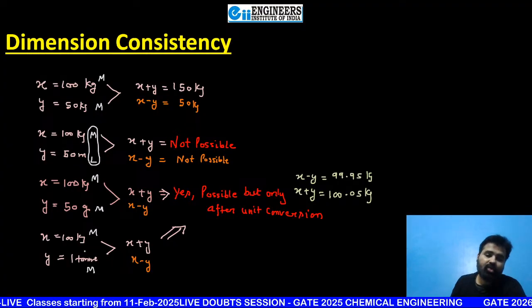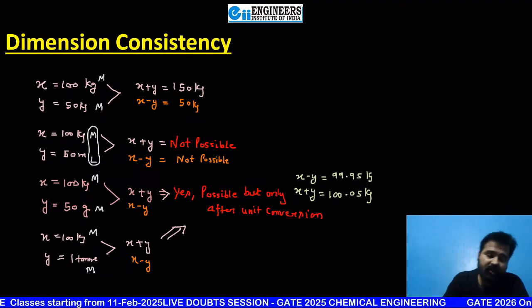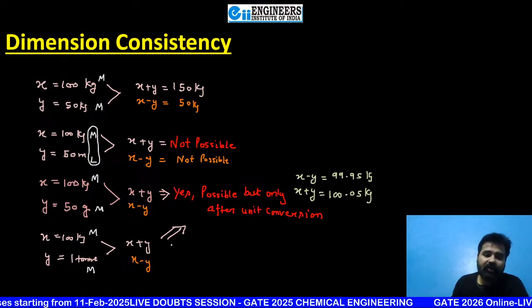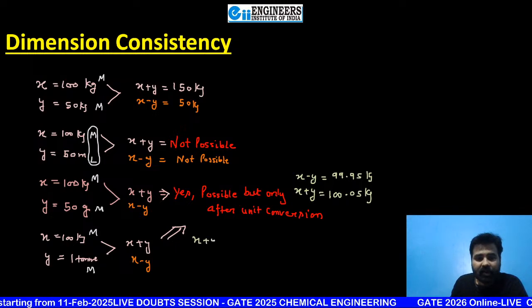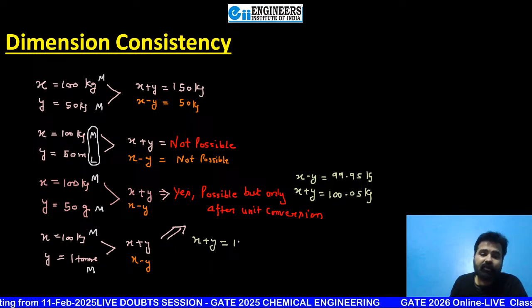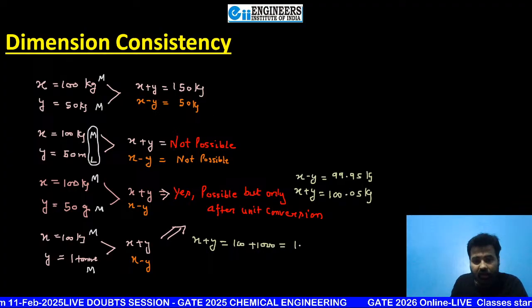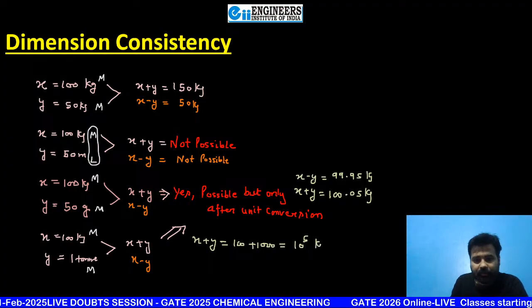In 1 metric ton, 1000 kilogram is there. So 1000 kilogram plus 100 kilogram, that means in this case the value of x plus y after conversion is 100 plus 1000, that is 1100 kg.